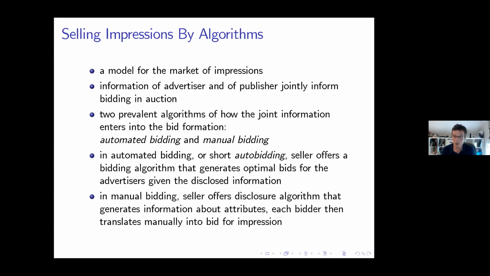We'll have very positive results, in general positive results on auto bidding, and those I will focus on today. We have more limited approximation results for manual bidding, and given the half hour that we have, I think I'll focus on auto bidding today.